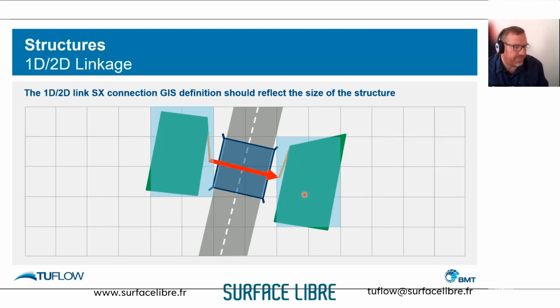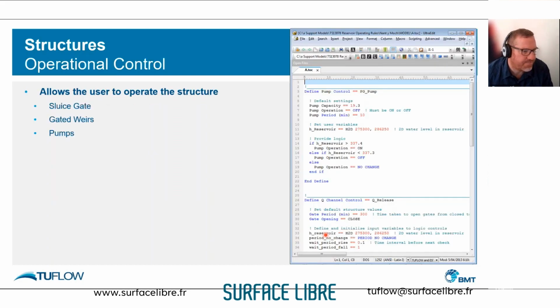If I have a road which makes some blockage, putting a polygon will allow me to capture the flow in the direction of the bridge or culvert, and also laterally. Yeah. So any flow that gets into these cells will be allowed to go into that 1D network component, and then vice versa on the outside. Okay.